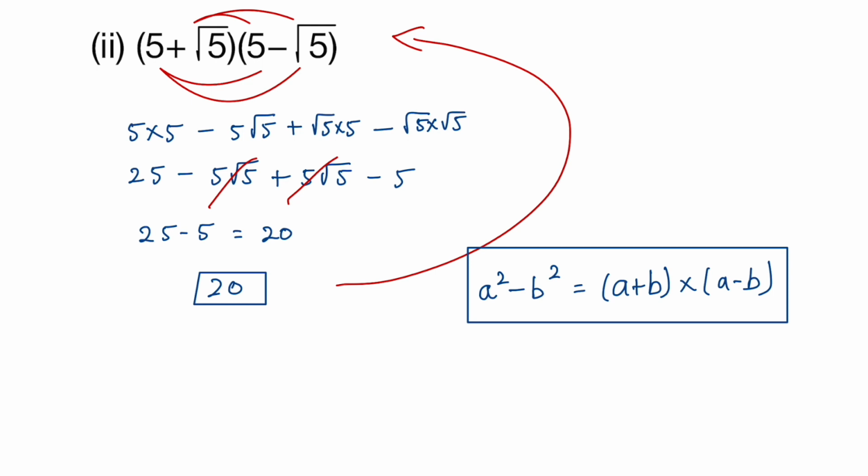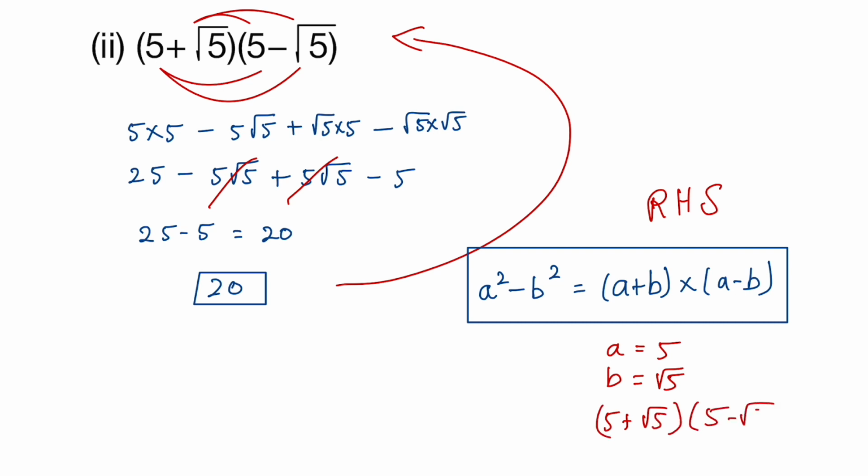Now in this question, this is of the form of RHS, right? How is that? a equals 5 and b equals root 5, and it is actually of the form 5 plus root 5 multiplied by 5 minus root 5.